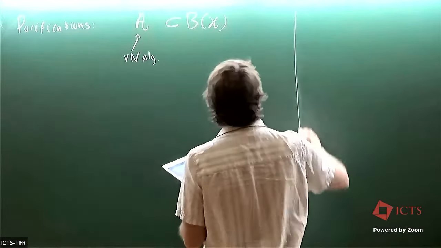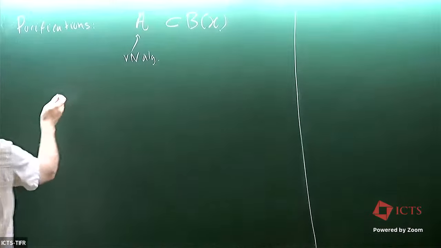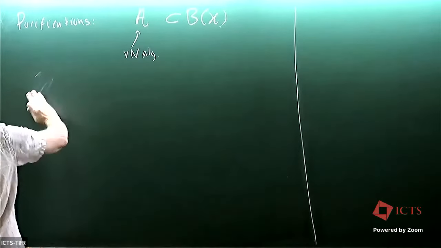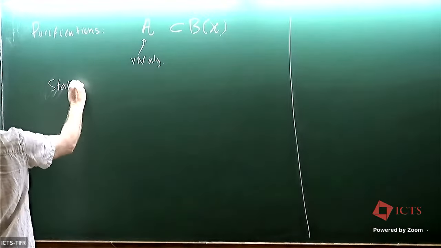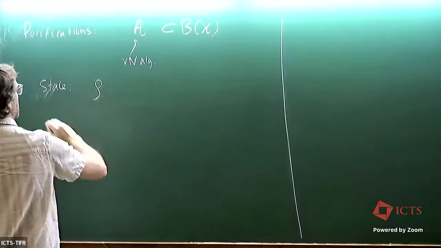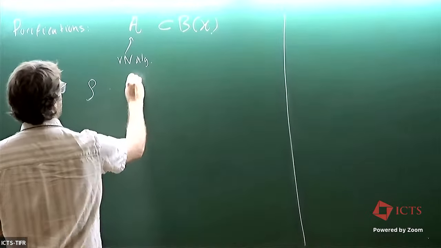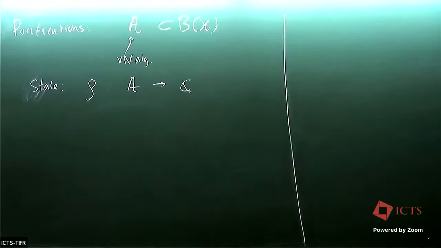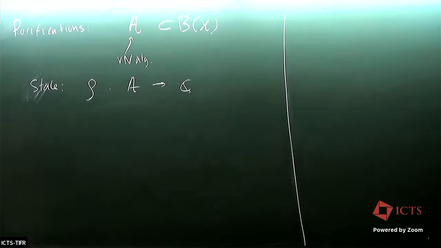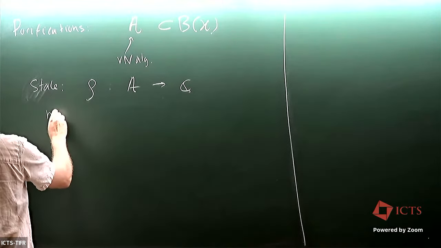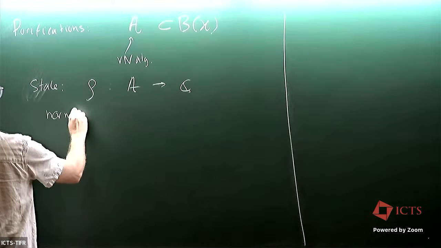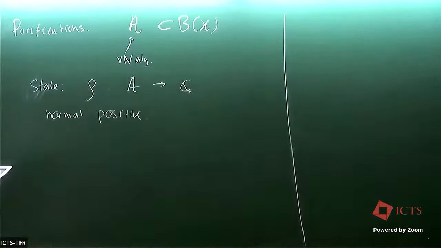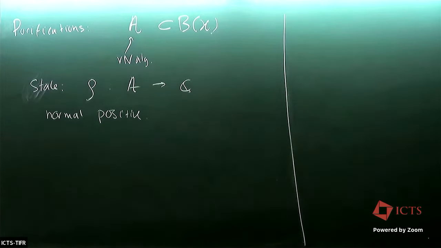A state was a linear functional which takes A to C and has positivity properties and other things. Specifically, we need it to be normal and positive. And we talked about those before.